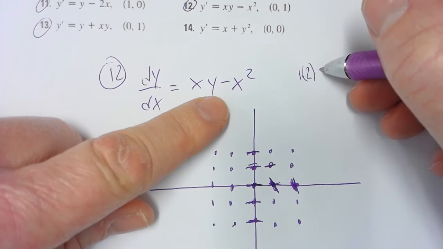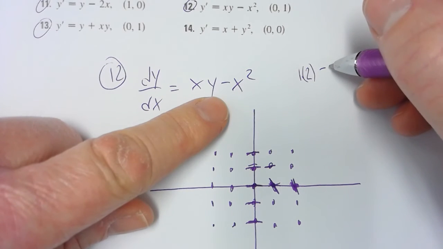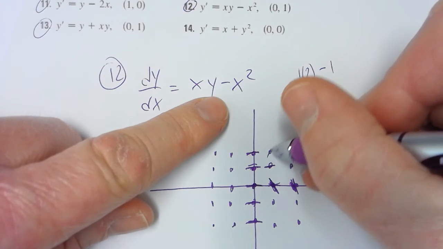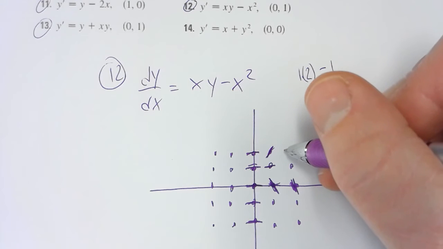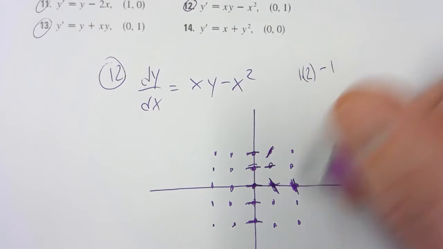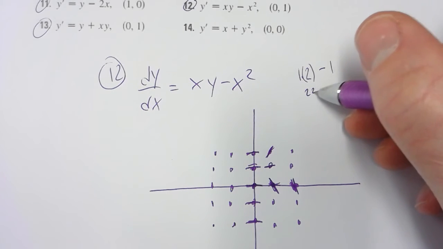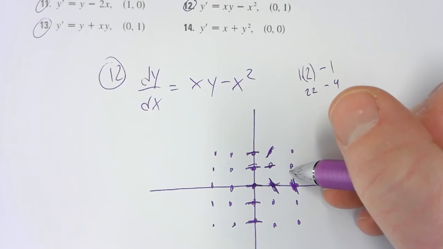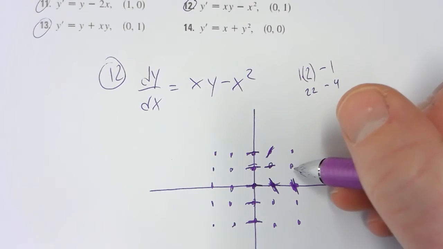And then minus 1 squared. That'd be 1, right? Yes. 1, 2. 2, 2 would be 2 times 2 minus 4. That'd be 0. 2, 2 should be 0, right? Yep.